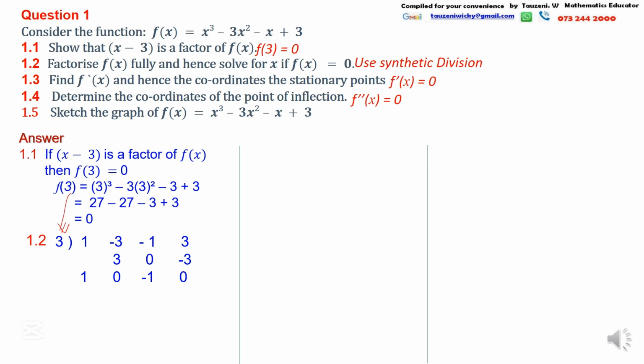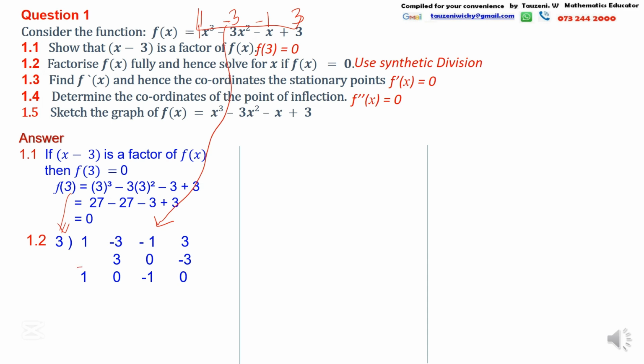Then these 4 numbers are the coefficients of the expression we are factorizing. The coefficient of x cubed is 1. The coefficient of x squared is negative 3. So it's 1, negative 3, negative 1, and positive 3 is the constant. These four numbers are the ones that we have here in the top line.